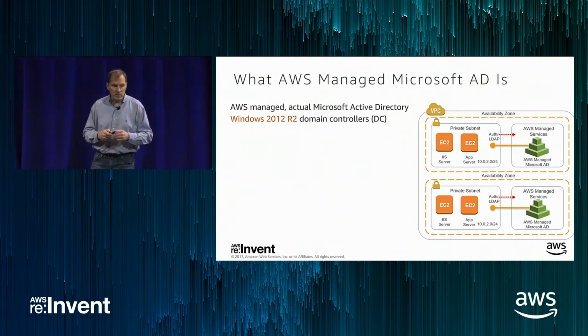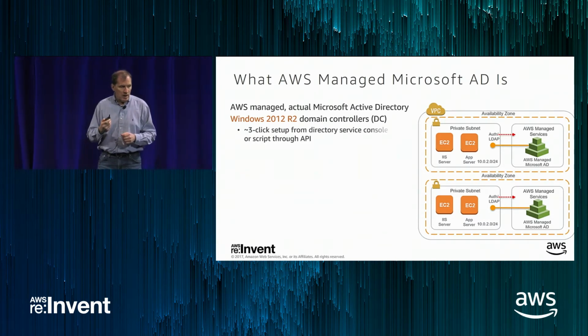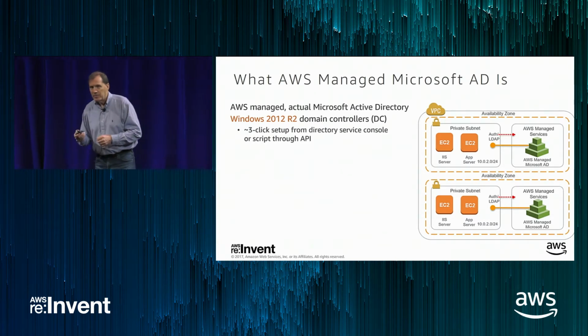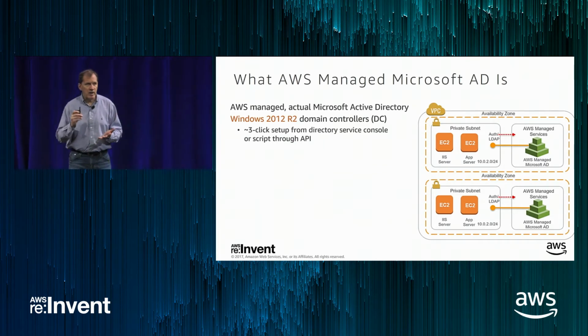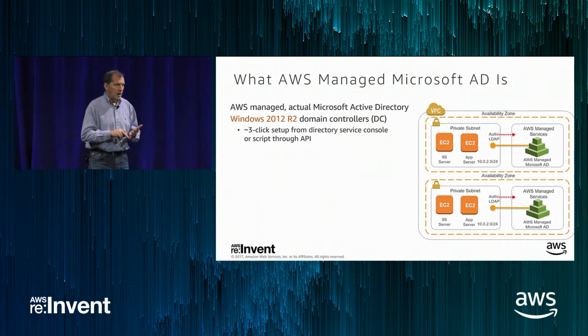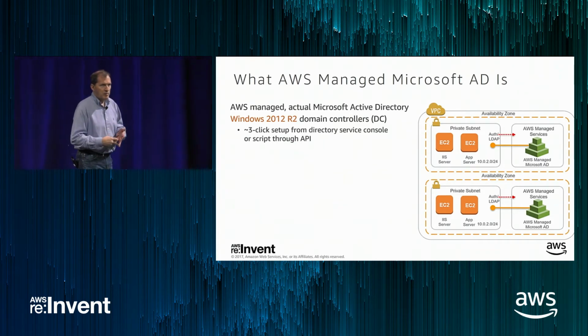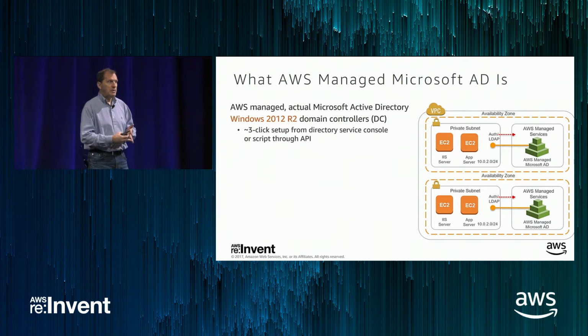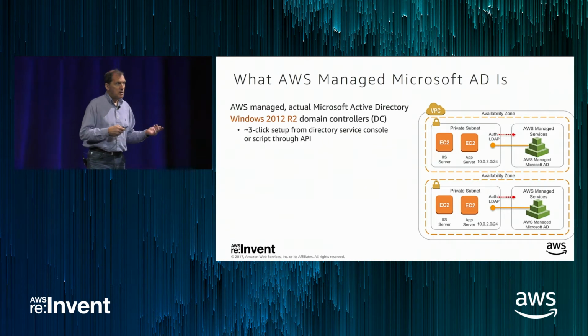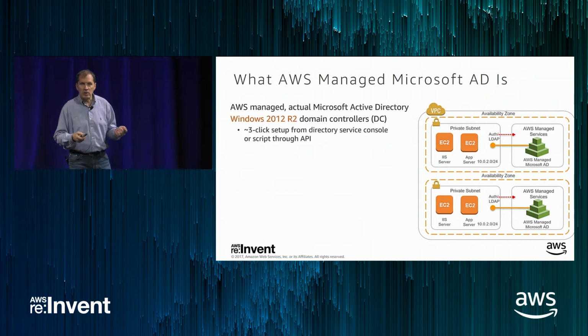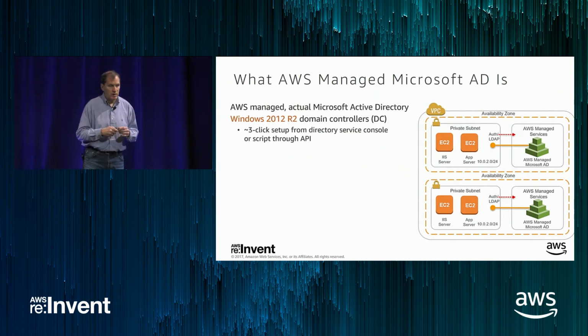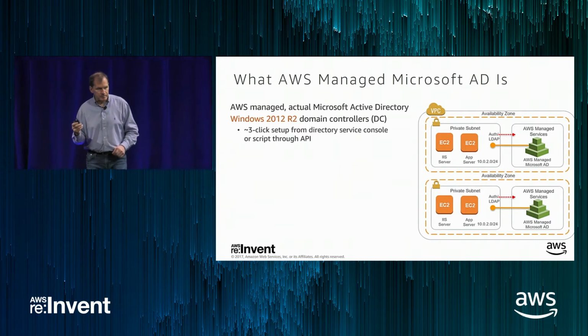Then you've got a second domain controller to use. It takes about 3 clicks to set it up. It's really pretty simple. You specify the name of your domain, you specify the administrative password, and you choose which VPC it's in. Everything else can be defaulted. If you want to set up which subnets you have the domain controllers in, you can do that as long as the subnets are in different availability zones.